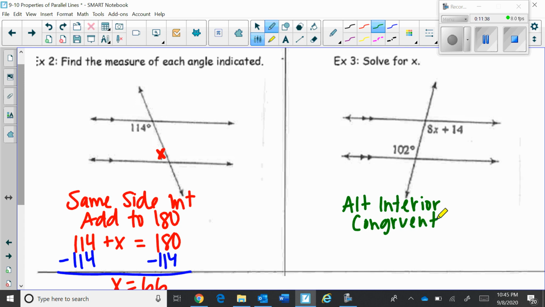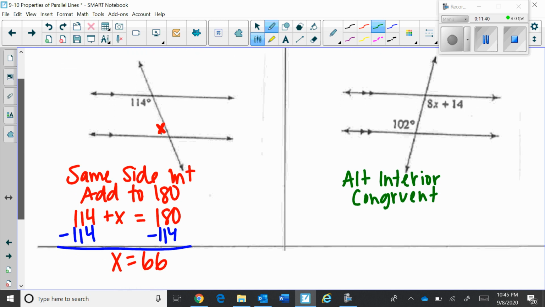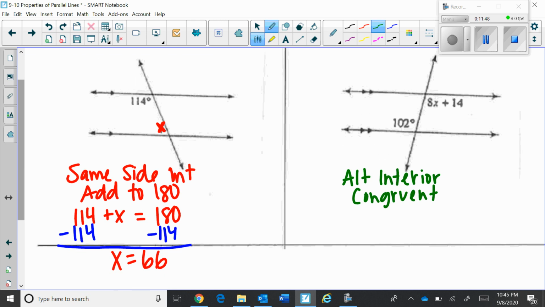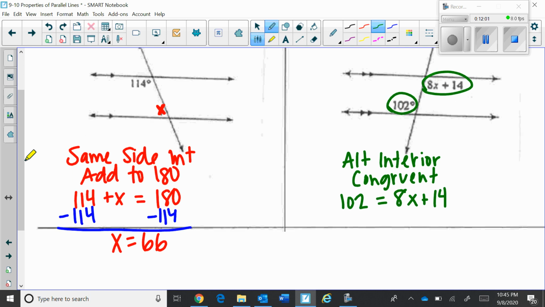So if things are congruent to each other, then we set them equal to each other. So 102 equals, we're going to set our two angles, 102 equal to 8x plus 14. If they are congruent to each other, we're going to set them equal to each other.